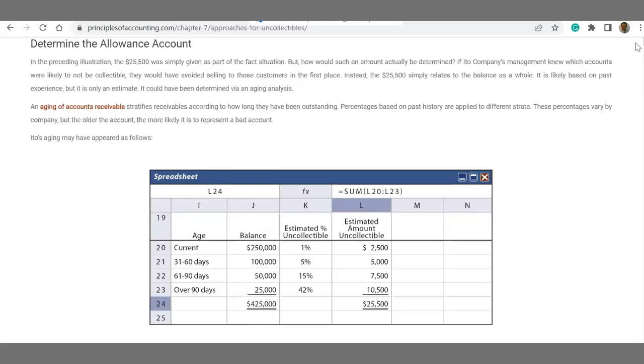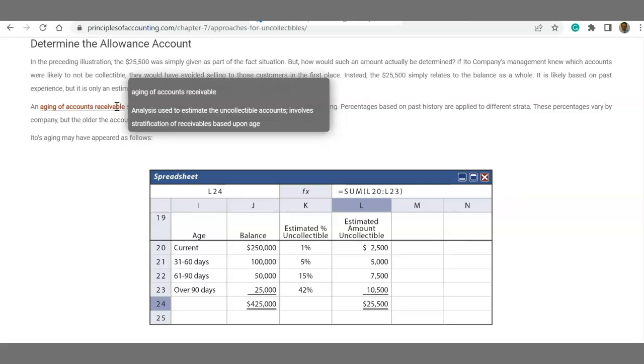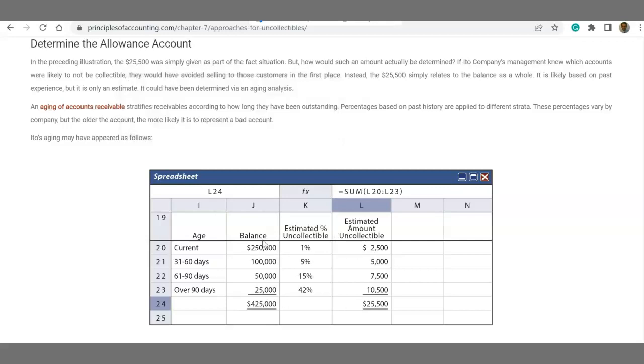However, if you decide to use the one that your book is showing here, this is another method available. You go with either percentage of accounts receivable or using aging of accounts receivable. Both of them are the same thing. The only difference is that percentage of accounts receivable is easier, but for aging of accounts receivable, you need to do a little bit of data collection.